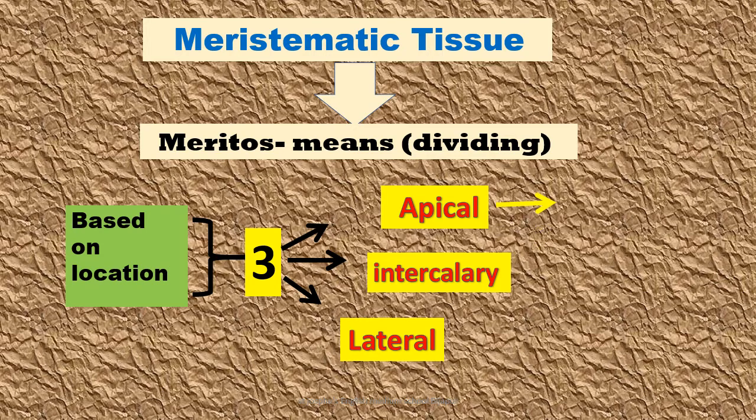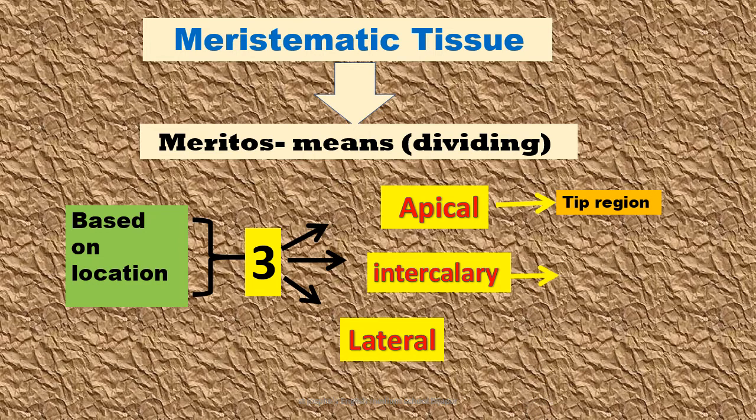Apical means apex, or at the tip region. This particular tissue is present in the tip region of root and shoot, so it is known as apical meristem.